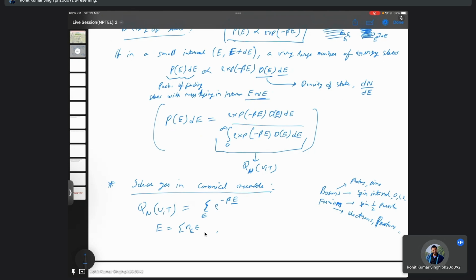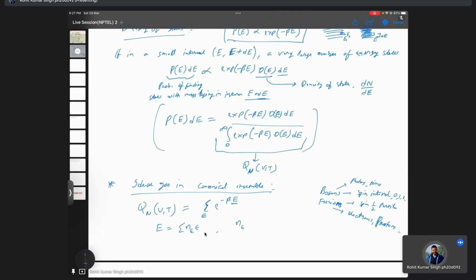or you can say the energy of a single particle and the number of particles, sorry, so no, this is not the energy of a single particle, this is the energy of the state in which the single particle lies, and this Ne is the number of particles lying in that energy state. So let me write it.